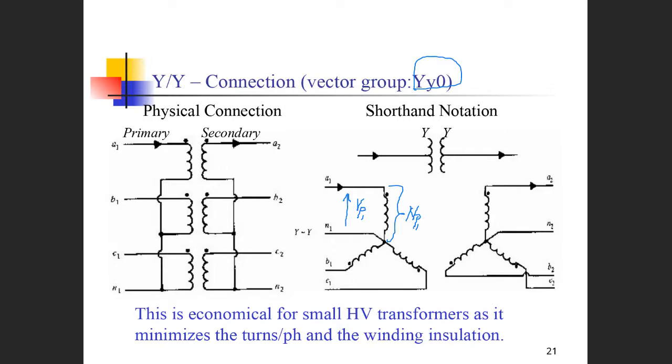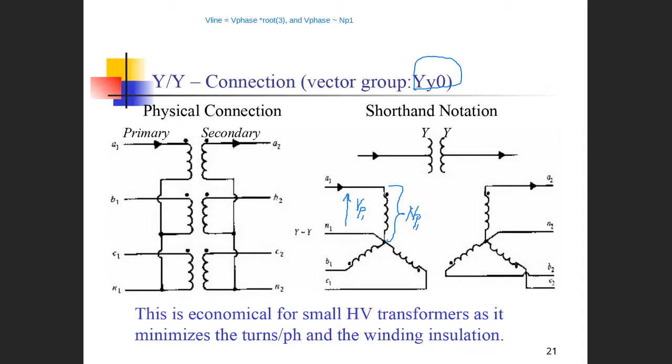Now, for example, 380 volts equals 220 volts times 1.732.